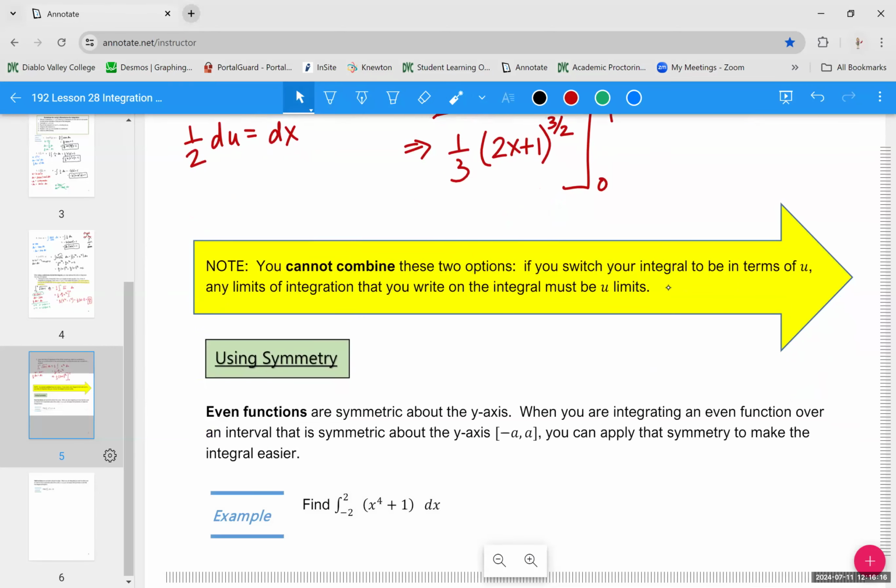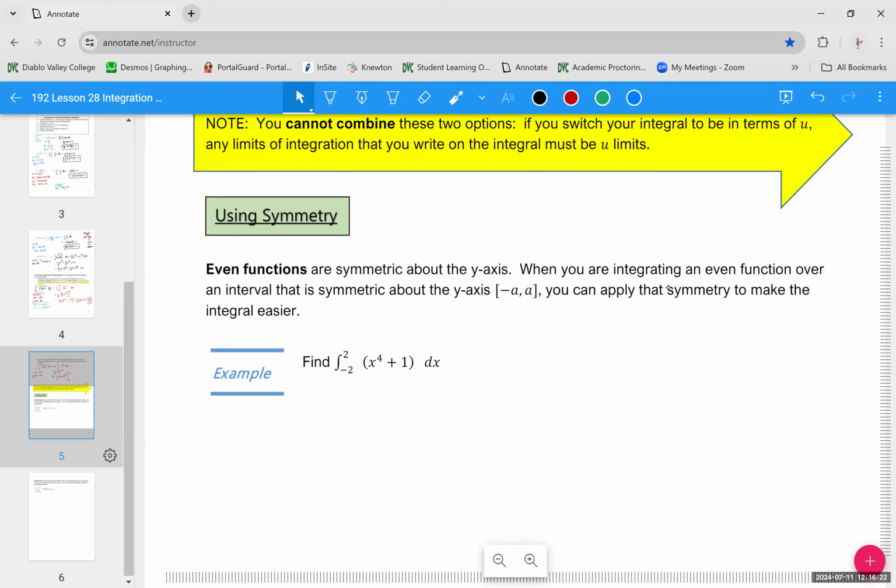All right, last but not least, you can also make your life a little bit easier when you're doing integration by using symmetry. Even functions are symmetric about the y-axis, okay? And when you're integrating an even function over an interval that is mirrored, same distance on the left and the right, you can use symmetry to make it easier.